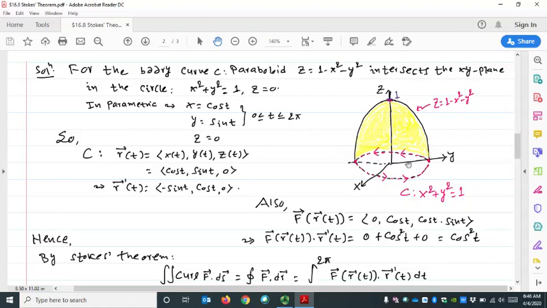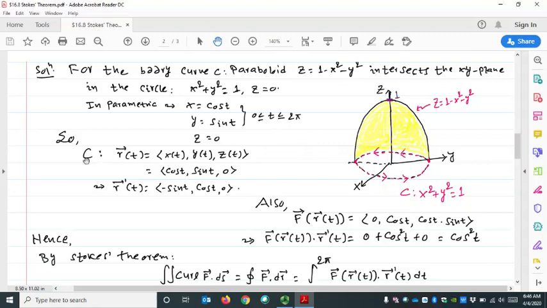Then it's easier for us to find the limits in polar form. So let's write the parametric form of this circle. x equals cosine t, y equals sine t, and obviously z is 0, and t between 0 and 2 pi.